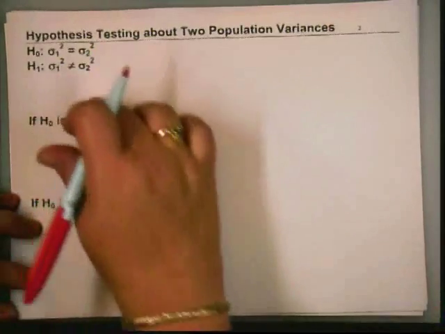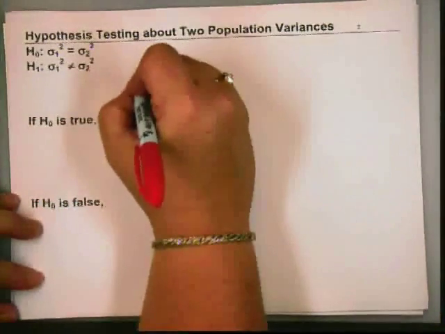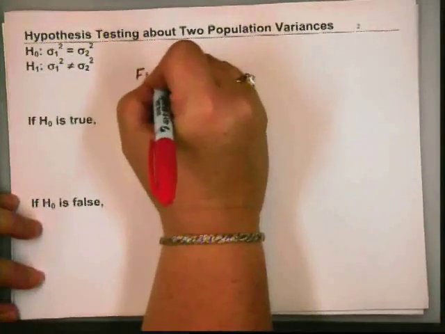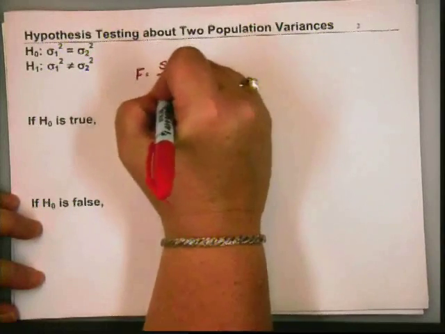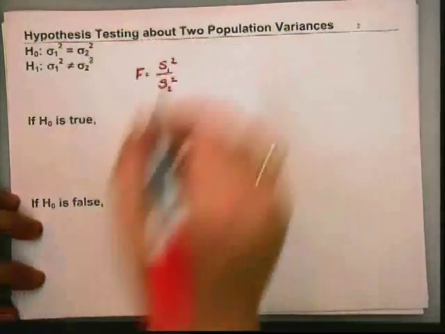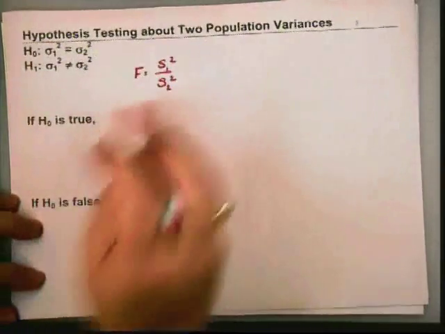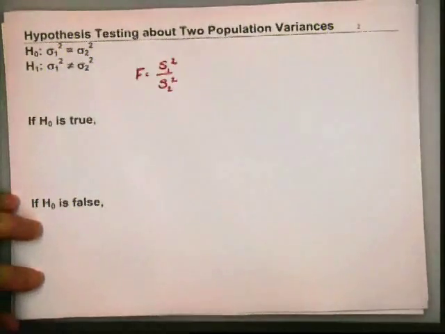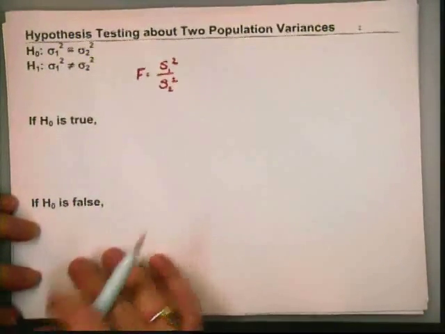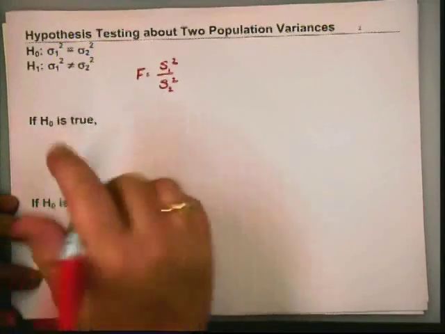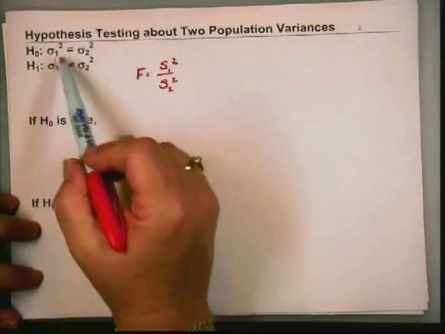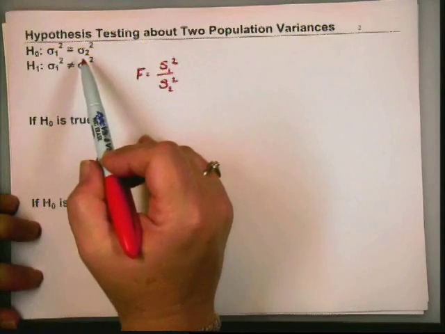All right, so if we have this test of hypotheses comparing two variances, and we compute the ratio S1 squared over S2 squared, if H naught is true, what should this F value be? If H naught is true, that means that sigma 1 squared and sigma 2 squared are equal to each other.